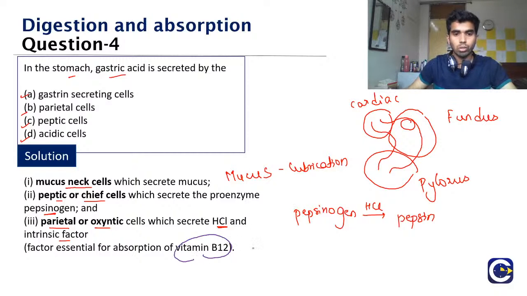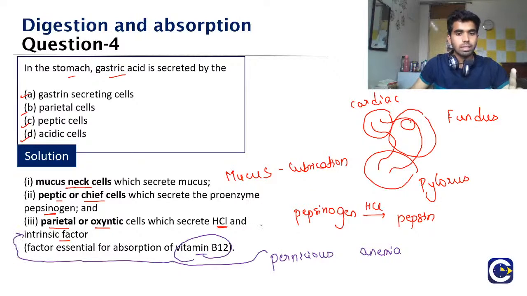There is one condition known as pernicious anemia. In pernicious anemia, the body attacks this intrinsic factor. Because there is a decrease in the intrinsic factor, vitamin B12 levels will be less in our body. Okay.